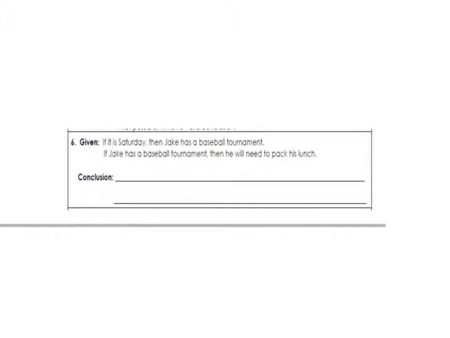So the first thing I want to do is read my statement and mark it up. If it is Saturday, P. Jake has a baseball tournament, Q. Next statement. Jake has a baseball tournament. Does that match something else? Yes.